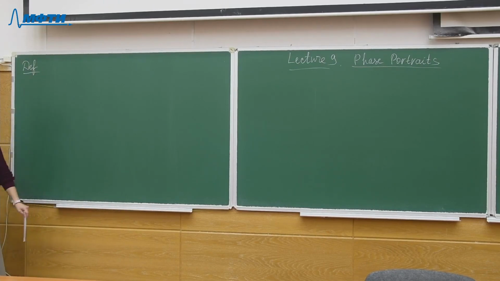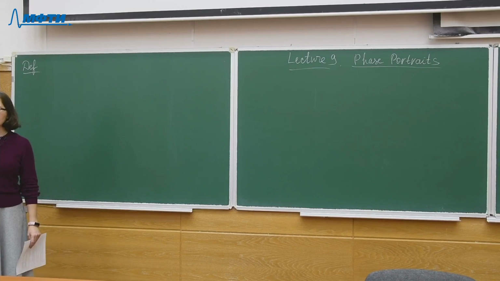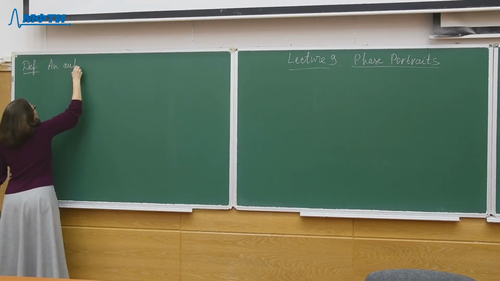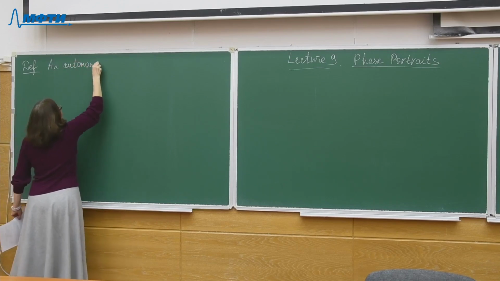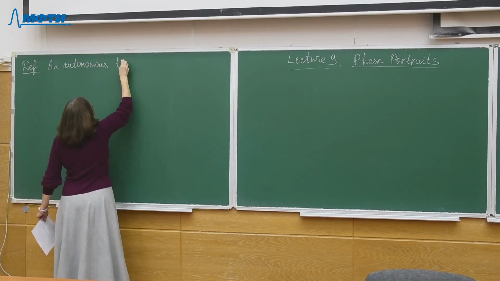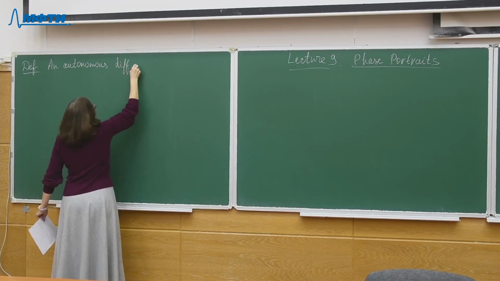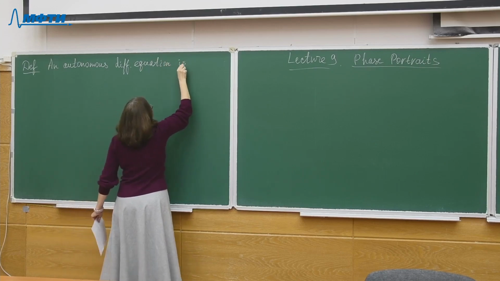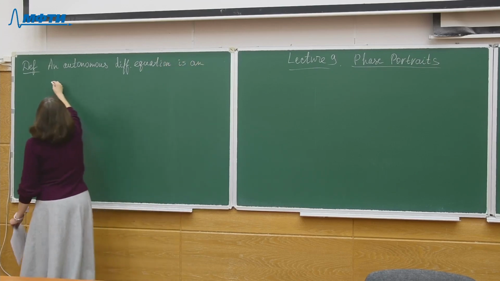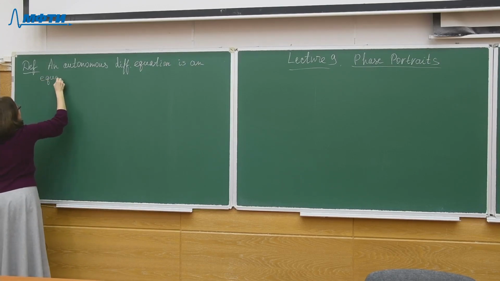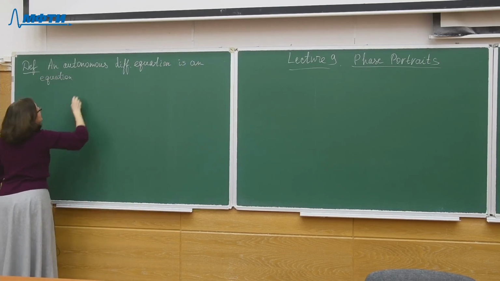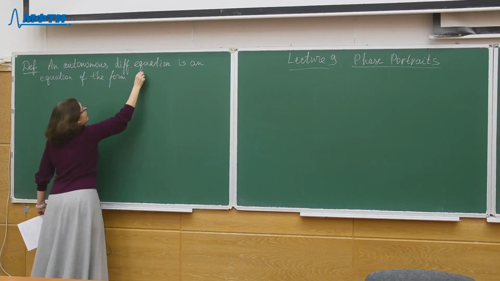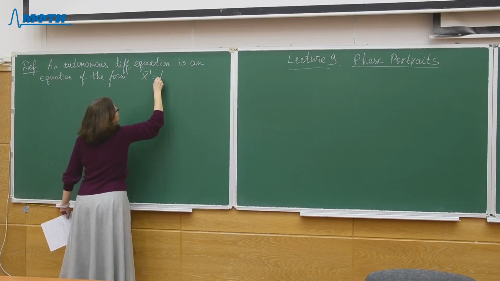Today we will speak about autonomous differential equations. So an autonomous differential equation is an equation of the form x prime equals f of x.